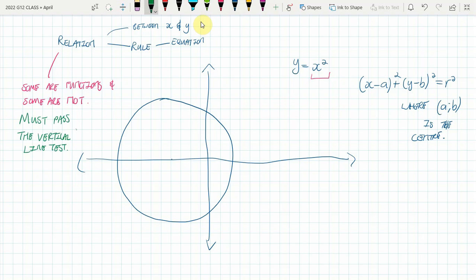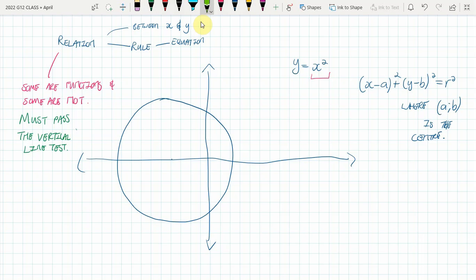So if a relation passes the vertical line test, then the relation is a function. But if it fails the vertical line test, then the relation is not a function. Now, how do you pass this test?